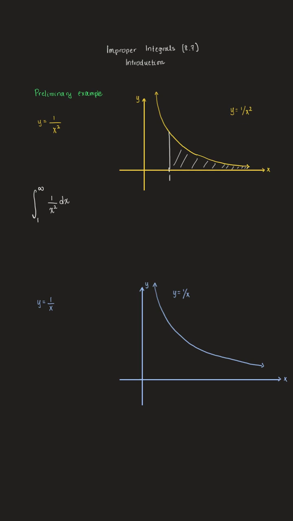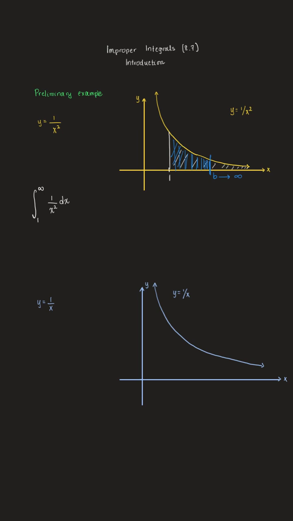That's because infinity, again, is not a number. So we're going to consider it in the following way. Let's calculate the integral from 1 to some arbitrary value b, where b is greater than 1. We'll find an expression for the area under the curve 1 over x squared between 1 and b, which gives us an expression in terms of b. Then we're going to let b get arbitrarily large as b approaches infinity, which means we're going to have to use a limit.